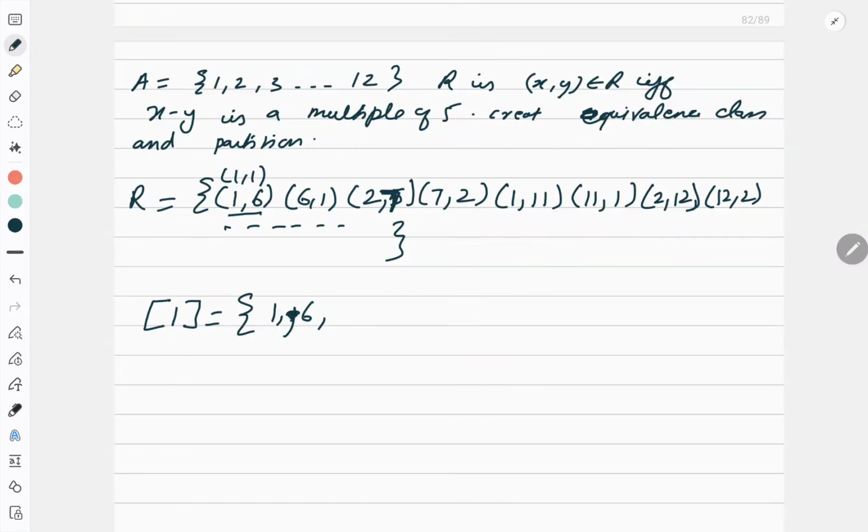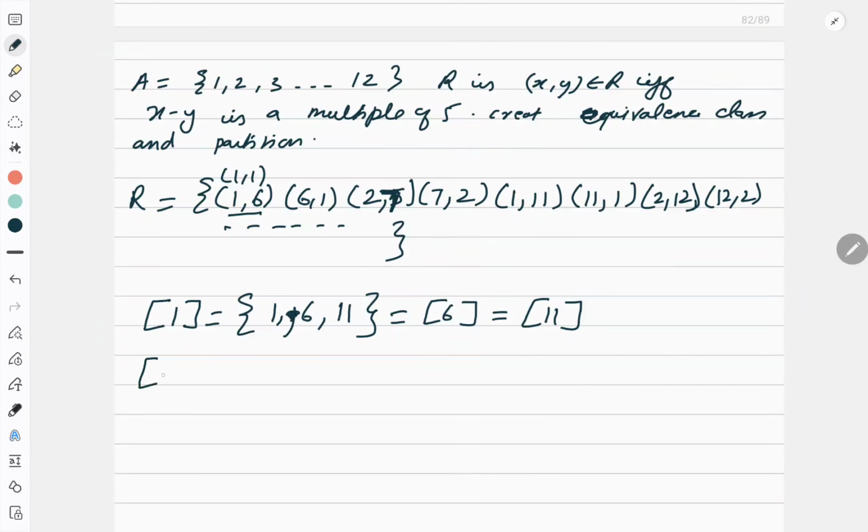Then after 5, the next number divisible by 5 is 10, so 11 minus 1 is 10 and 11 will also come here. After 10 you have 15 directly, so 16 is anyway not in the set. So this is done. And this equivalence class will be equal to that of 6 also, and also that of 11.